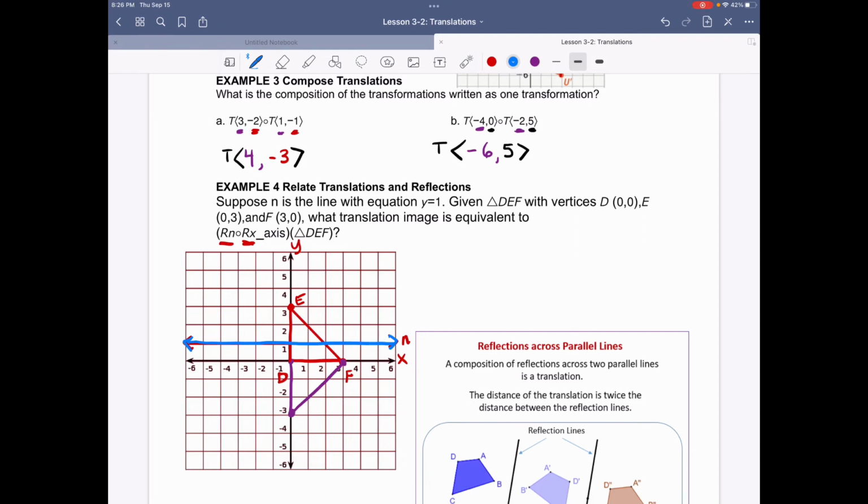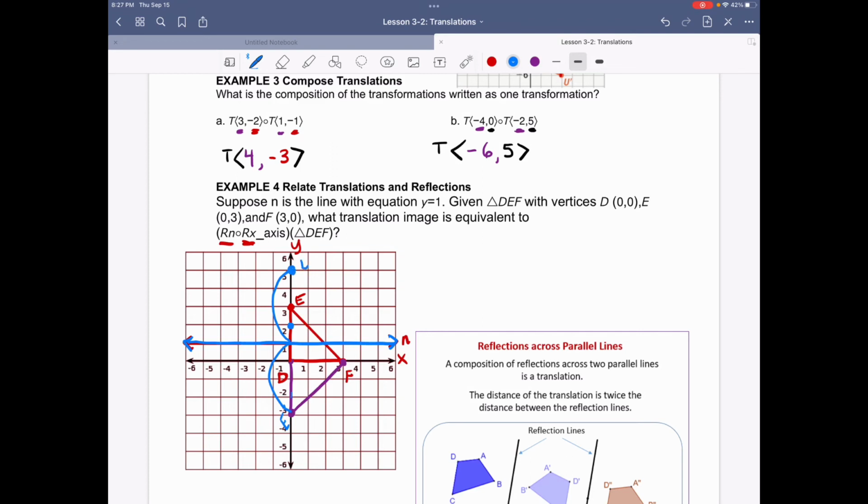So that will put D right here because it's going to be 1 away. It's going to put E, the purple triangle is 1, 2, 3, 4 for my E away. So this was E prime. It's going to be 4 away from this line. So 4 away would be up here.